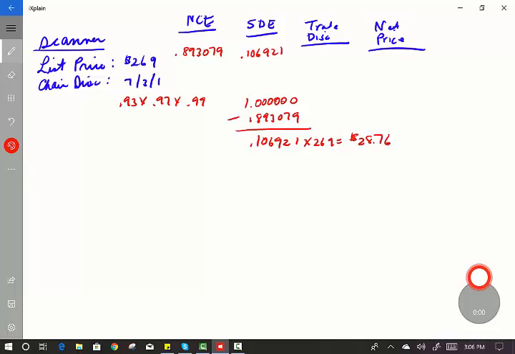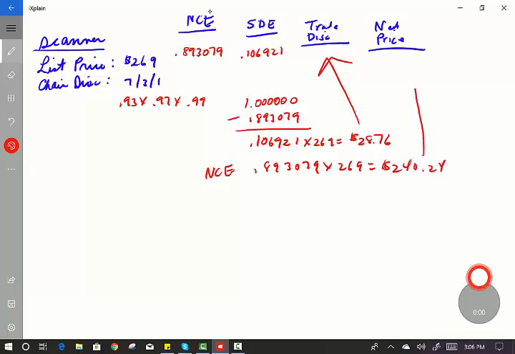And then to calculate the net price, I'm going to take the net cost equivalent of 0.893079 and multiply that times the list price of $269, and that will equal $240.24. And that is the net price of your invoice.